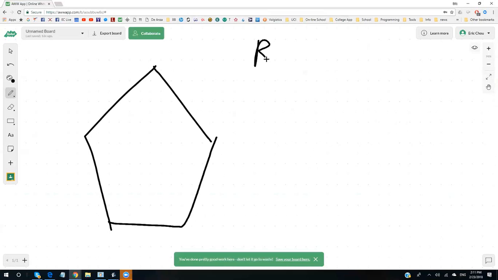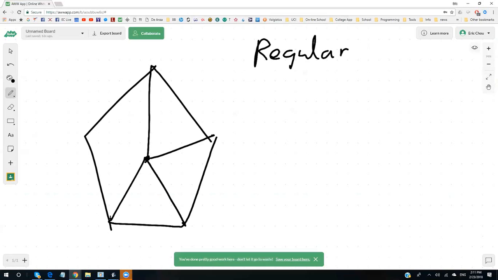Pentagon? A regular pentagon. I assume the angle is the same. There's a center going to here, here, here, here, and here. What is the measurement for this theta if it's regular?